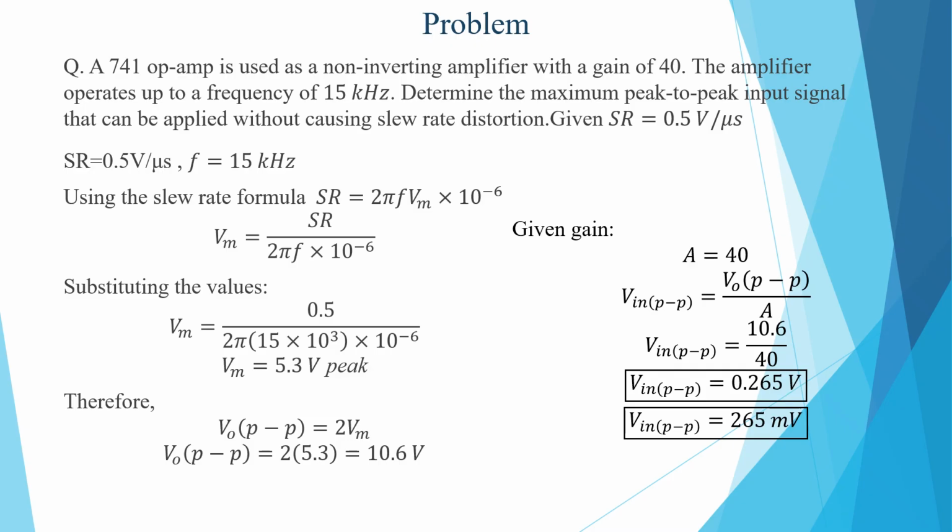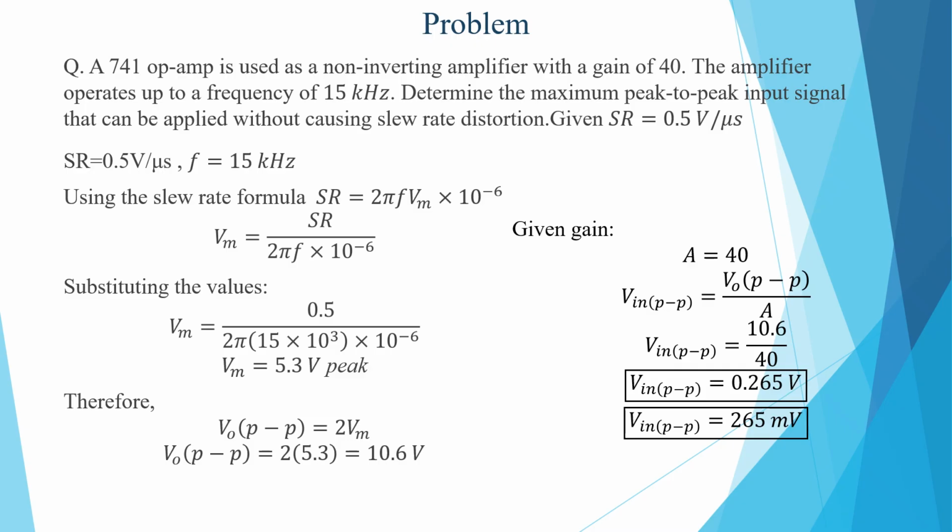So using the slew rate formula, slew rate equal to 2 pi f Vm into 10 to the power minus 6. Vm equal to slew rate by 2 pi f into 10 raised to minus 6. By substituting the values, we get Vm equal to 5.3 volt peak.